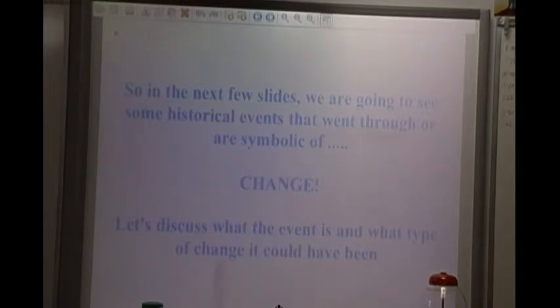I'm going to show you some pictures of historical events, and we're going to write what the event is. Slide over to the right and write in our first type of change, that's fast. Slide over a little more and write our second type of change, which means different. Write slow. And slide over one more time and write in violent.